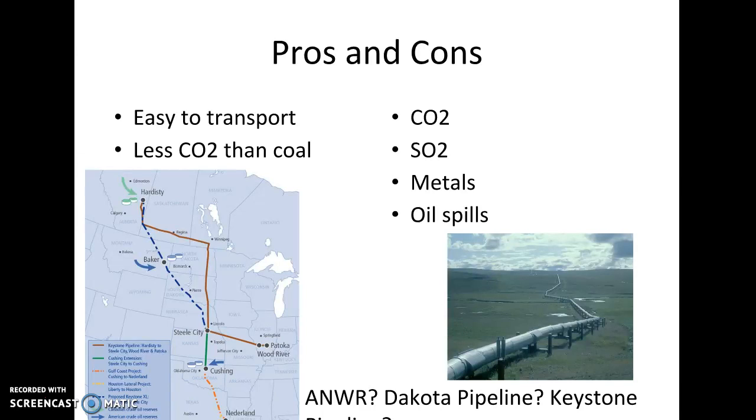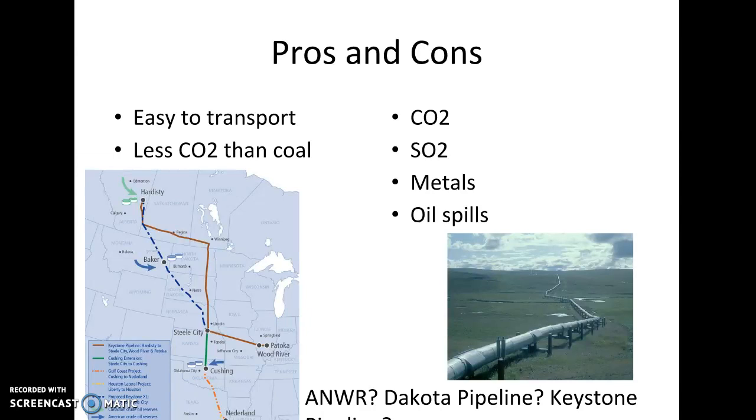So the thing with oil is we're still very much up in the air about drilling in the United States. We do have a huge resource in Alaska that we have not tapped into yet, that is currently still protected. And Canada, as we saw, is a pretty high energy oil reserve country, and we do have a connection. We have pipelines from Canada, but these are also very controversial. You've heard maybe of the Keystone pipeline or the Dakota pipeline.